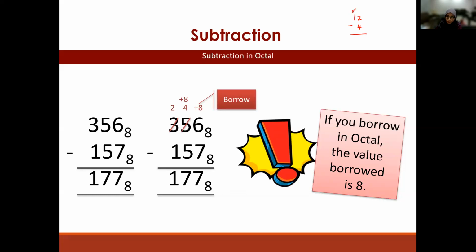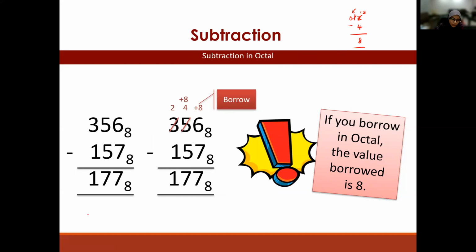If you borrow from here, this will be 0, and you borrow 1 here, which means 10 in decimal. So you have 10 plus 2, so you get 12 here. 12 minus 4 is equal to 8. Same goes for octal: one digit you borrow means 8. The value borrowed is 8.